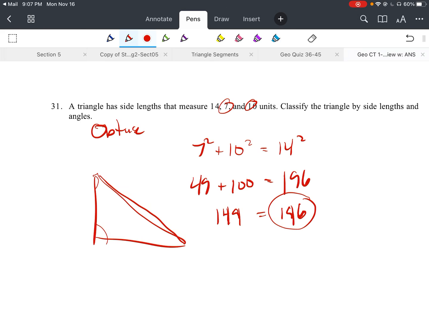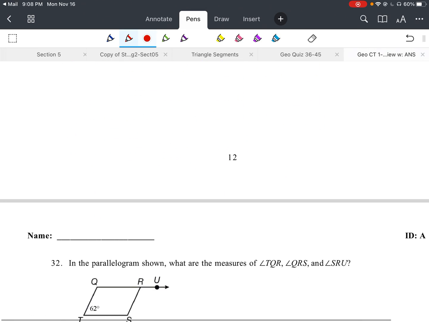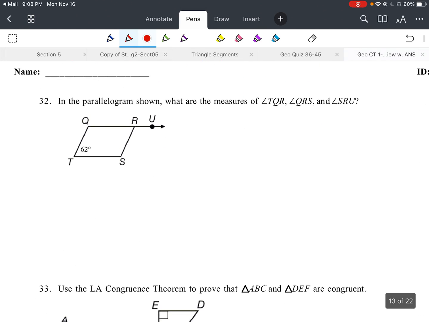And because the sides are different, you could say scalene. Okay? Obtuse and scalene. Use Pythagorean to figure out if it's right, and if it's not, then you can see if it's acute or obtuse based on that. Do we keep going? Yes, let's keep going.